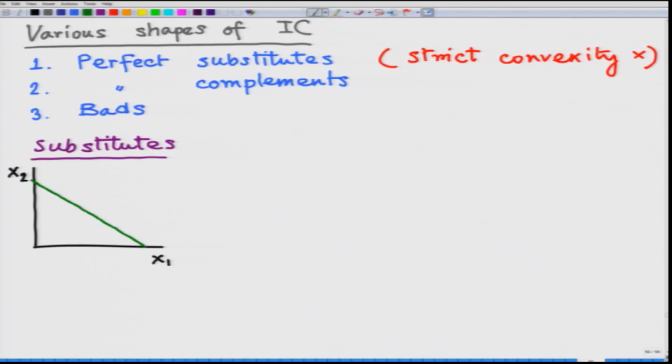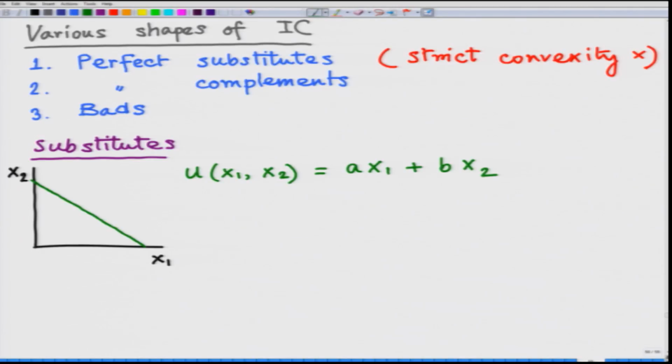And how to write such a preference in terms of utility function? So, this kind of preferences will be presented through utility function of this form, where A and B are some positive parameters, and these are the values of these commodities 1 and 2 respectively to the consumer.